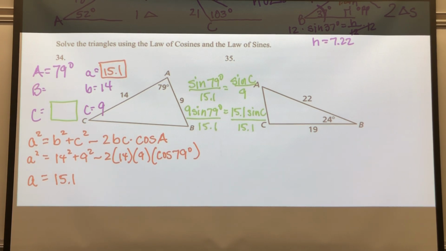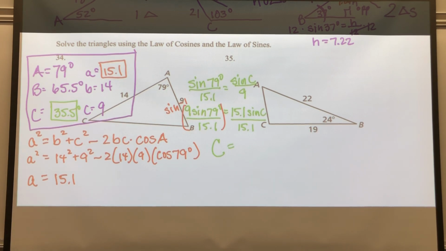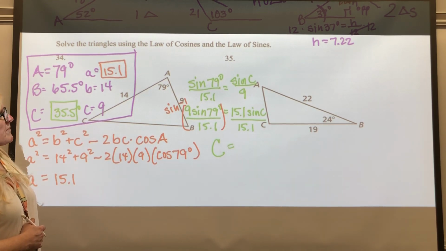Okay, let's take the arc sine, and C is 35.5 degrees. And we subtract all that from 180, and we get 65.5 degrees. And there it is in all its glory.